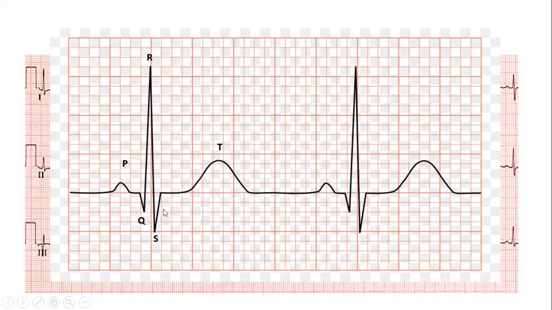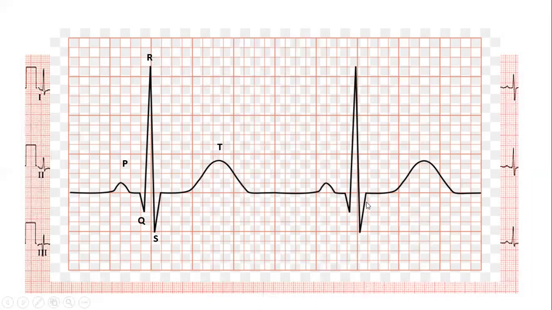The waves that you are seeing here represent what is happening in the cardiac cycle, where the P wave simply represents atrial depolarization, QRS complex ventricular depolarization, and your T wave ventricular repolarization. And I'm sure that's something that you already know.